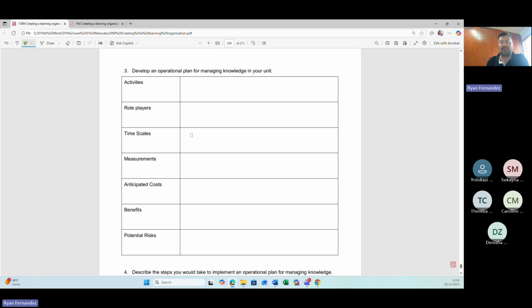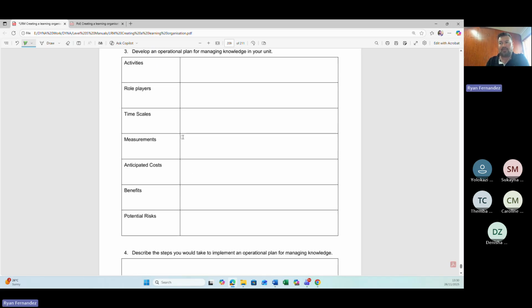Then the timescales. Okay, we need to make sure that the cloud is functioning within 1 month. We need to make sure that every week each employee is putting the information in the folders. We need to make sure that the unit manager has got a reward for someone who shares the most knowledge. So that's going to be the timescales.